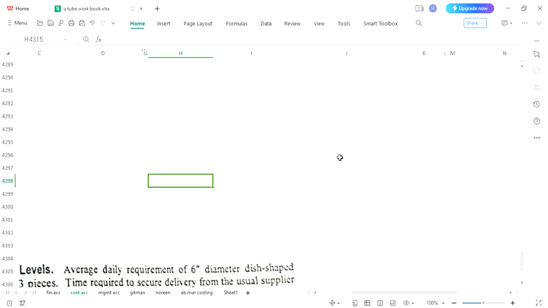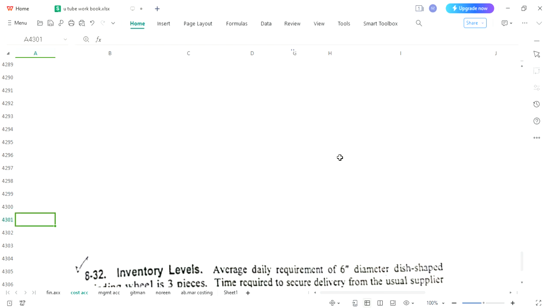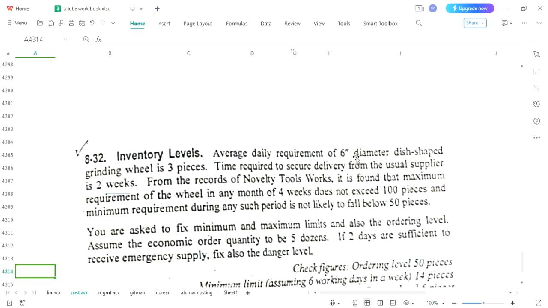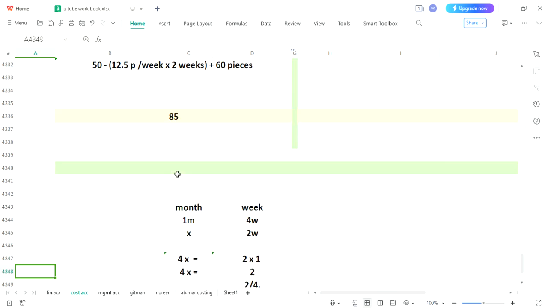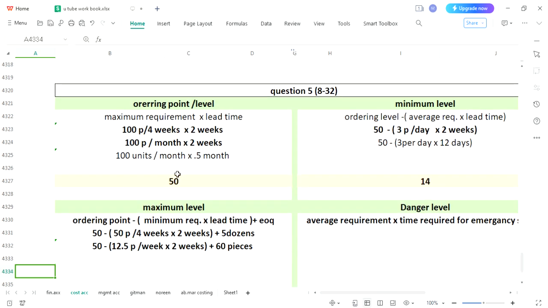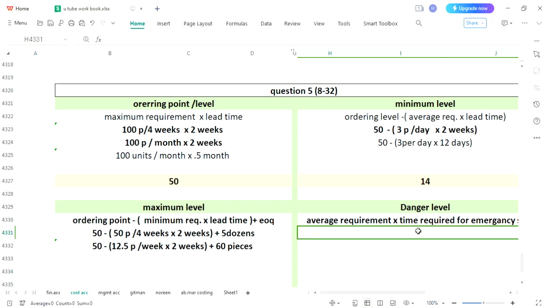Go back to the question and see what was average requirement. The very first line was mentioning that average daily requirement is 3 pieces. So average daily requirement would be written as 3 pieces per day.